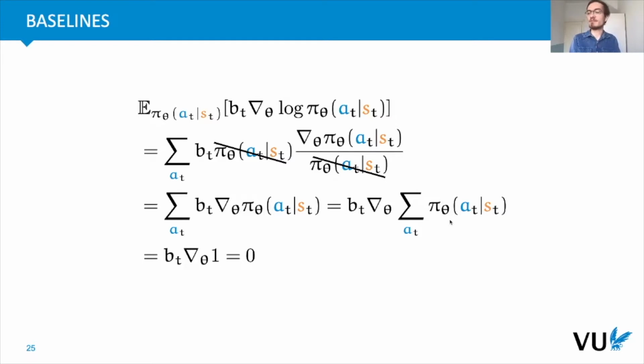And as we know, the sum over all options of a probability distribution is just 1, because a probability distribution should sum to 1. So in other words, this is equal to this baseline times its gradient times 1. And the gradient of a constant is just equal to 0. So the intuition here is that the expected value of this baseline term is 0, because it's not dependent on the action, and we can just move it out.